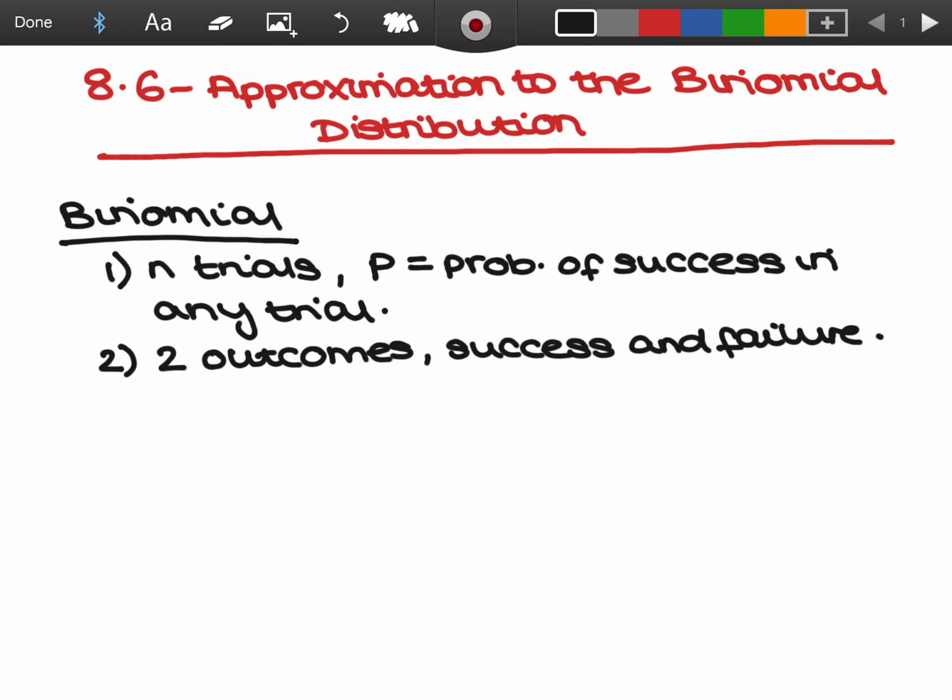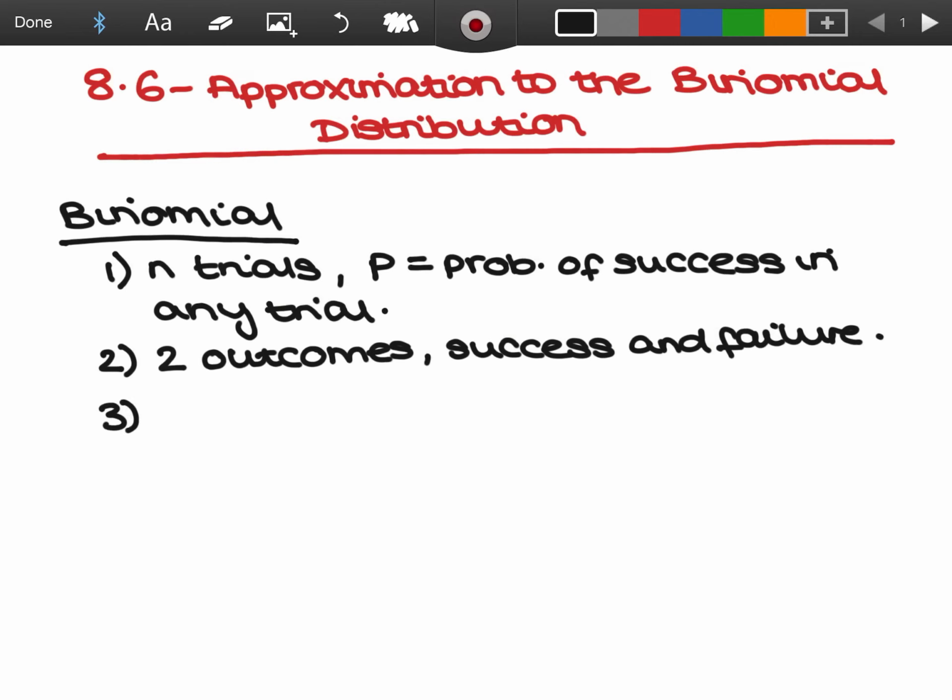And we normally said, okay, a success could be heads and failure would be if you got tails. We also looked at a problem where we rolled a die and you said, okay, if I roll a 5, that would be a success. But if I rolled anything other than a 5, there would be failure. So even though on a die you have more than one outcome, more than one possibility, we just narrowed it down to say, okay, this thing means success, anything else means failure. So there's only two outcomes in this situation.